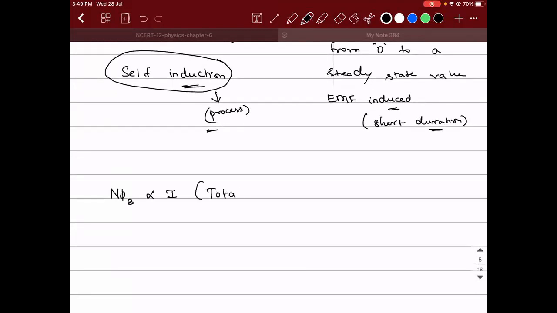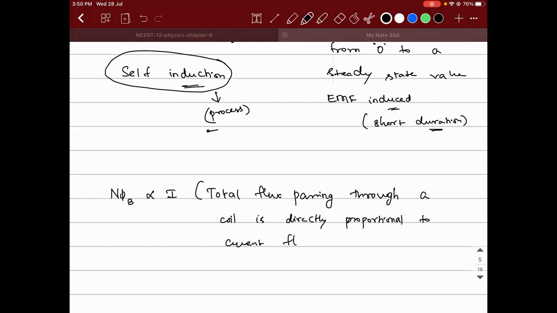So total flux passing through a coil is directly proportional to current flowing through it. Can I say, guys?